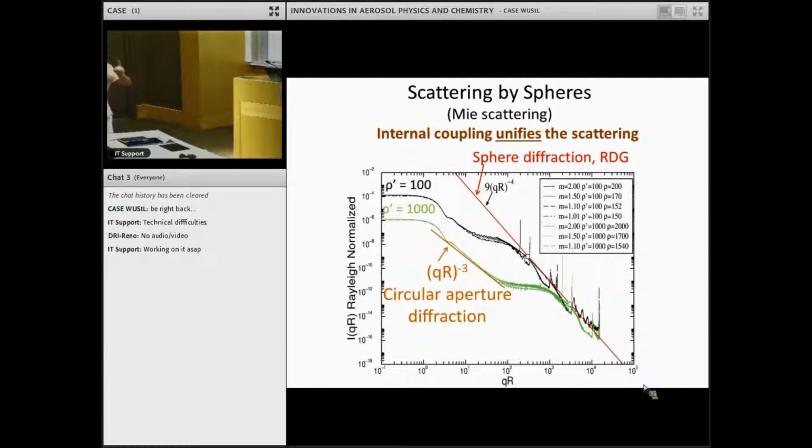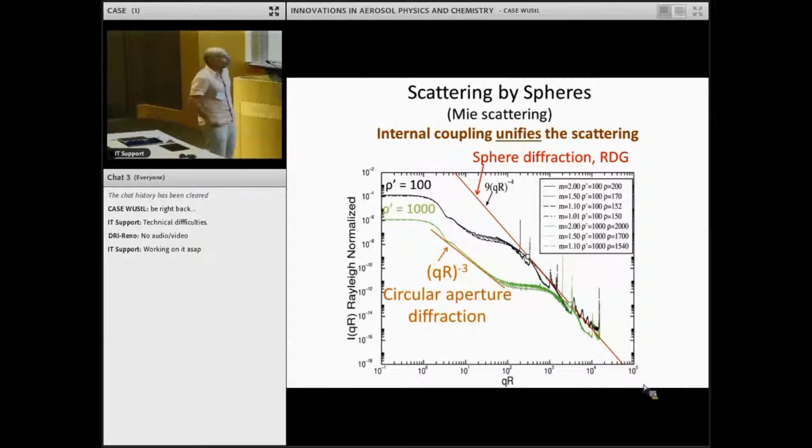Change the scattering angle, you change Q. And you can see two plots for 100 and for 1000 for rho prime, but within that 100 we've got a bunch of different sizes and a bunch of different refractive indices. And yet they all lie together because they have the same rho prime. Same thing for 1000. So there's this universality on rho prime.